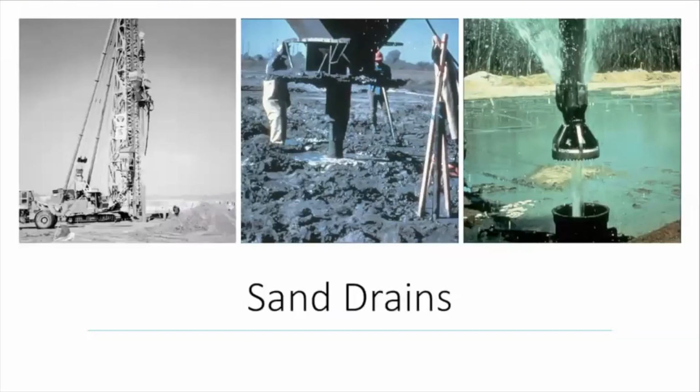And this picture shows the installation of sand drains. As I mentioned, you need to drill holes in the ground and then backfill with sand. And then you put your surcharge, your sandy fill, on top. And this one shows that as you put surcharge on top, water drains out. It shoots out through these sandy drains here.